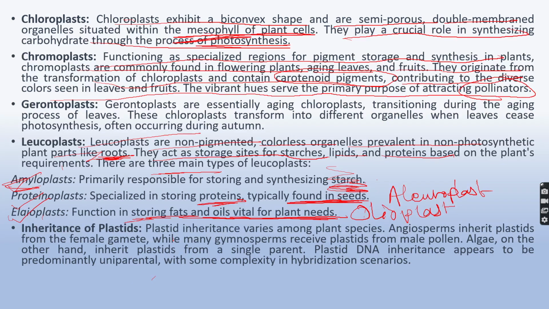Inheritance of plastid. Plastid inheritance varies among the plant species. Angiosperms inherit plastid from the female gamete. This is very important, female gamete, while many gymnosperms receive plastid from male pollen. Algae, on the other hand, inherit plastid from a single parent, and plastid DNA inheritance appears to be predominantly uniparental with some complexity in hybridization scenarios.